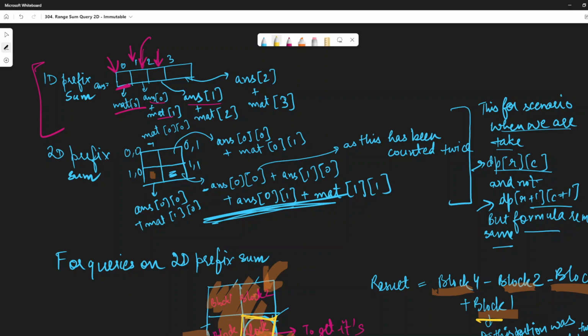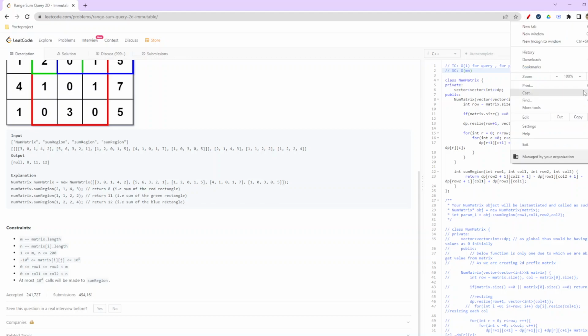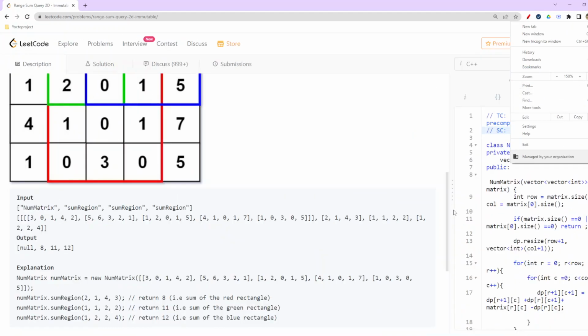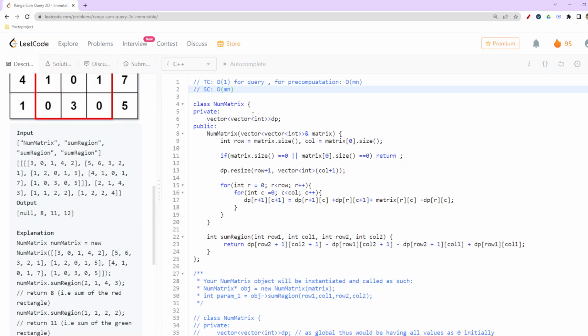So this was an overview of how our formula is being calculated. Now let me walk you through the code so that you can get exactly what coordinates are required to be used. So here's the code.